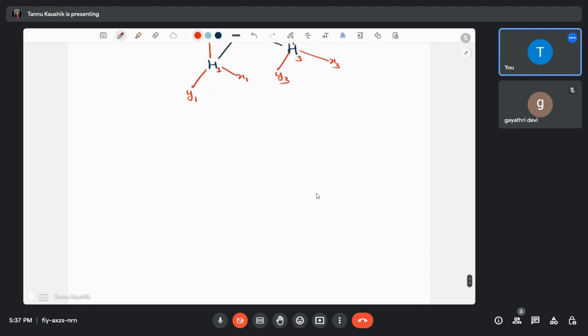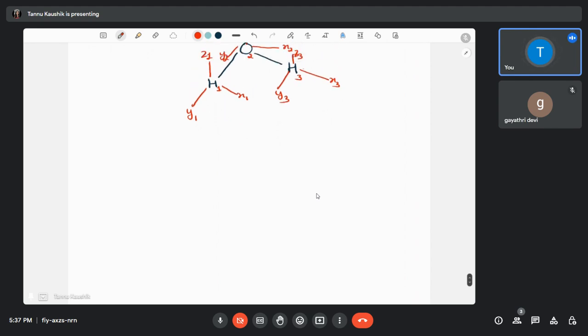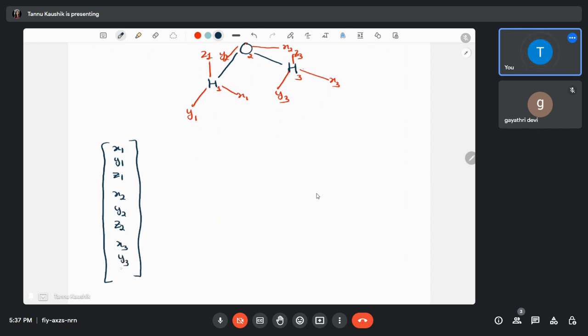Now if we write the matrix for the identity element for each of the atoms, how will it look? For each of the atoms, we have these x, y, z coordinates: x1, y1, z1, x2, y2, z2, x3, y3, z3.